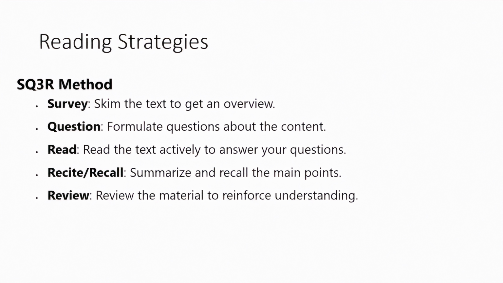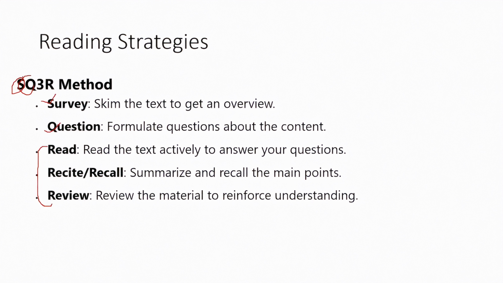Another strategy is called SQ3R: one S, one Q, and three Rs, because these three start with R. S stands for survey. Survey means skimming. As we talked about in the previous slides, skimming means just go through it quickly.